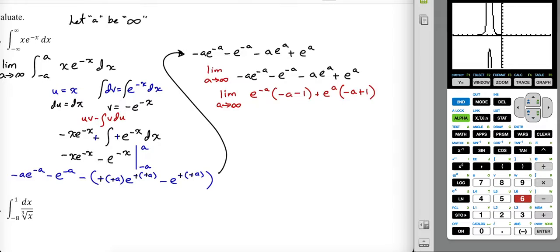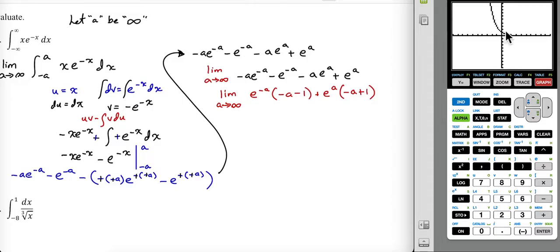When we go to plug in infinity, we have some good things and some not so good things. If we have e to the negative x, that's going to go to 0 just by the nature of the exponential.